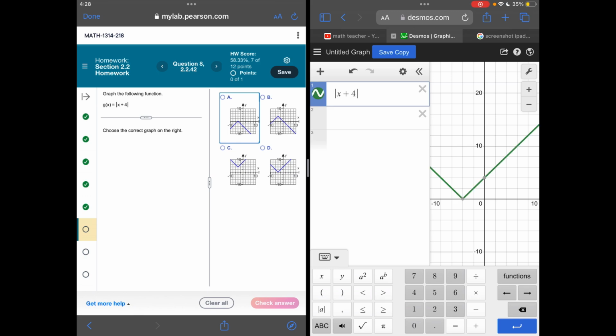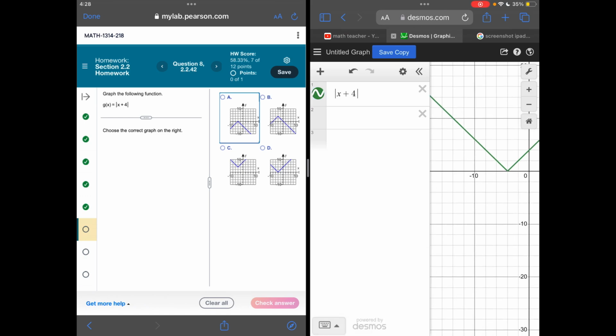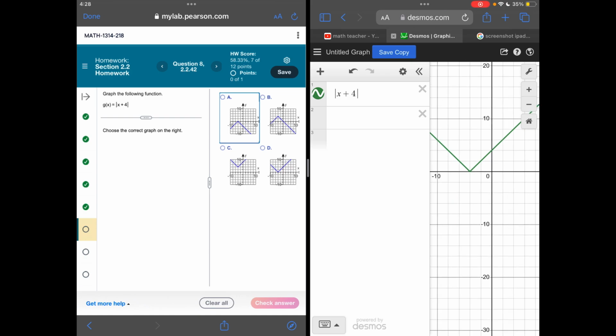That'll also give you the same function. So in this case, you're just matching the graph. The graph that we see in Desmos has the absolute value, which is the V, and it touches the x-axis, and that resembles graph D.